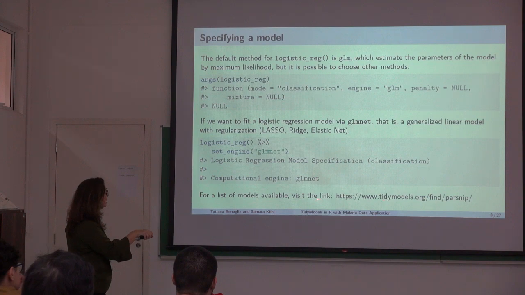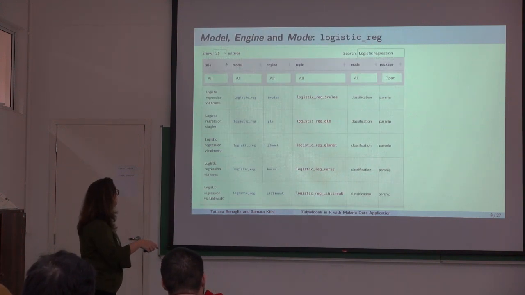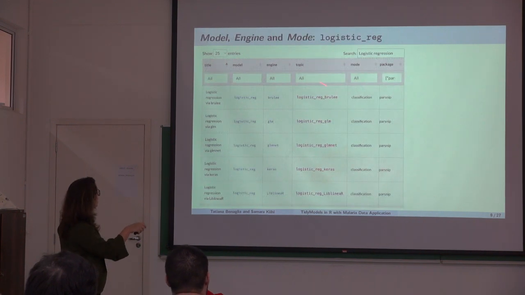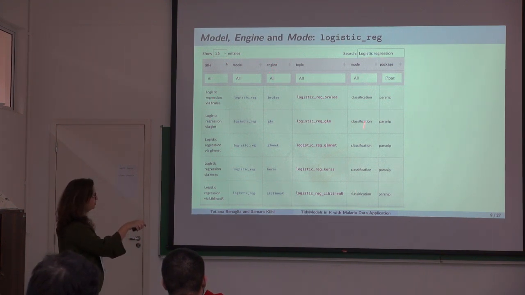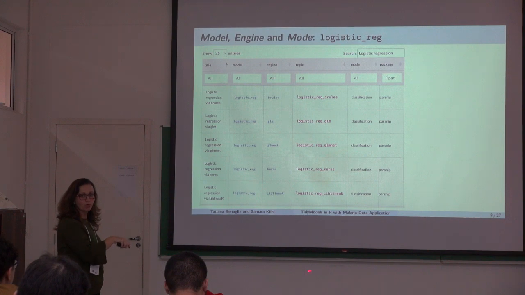That's all. And for a list of models available, you just check this. It's not all in this table, but it's going to be a table like this one. For logistic regression, see all the types of engines; it's always classification in this case. But you have different types of engine, if you want to do it via GLM, glmnet, Keras, and so on.